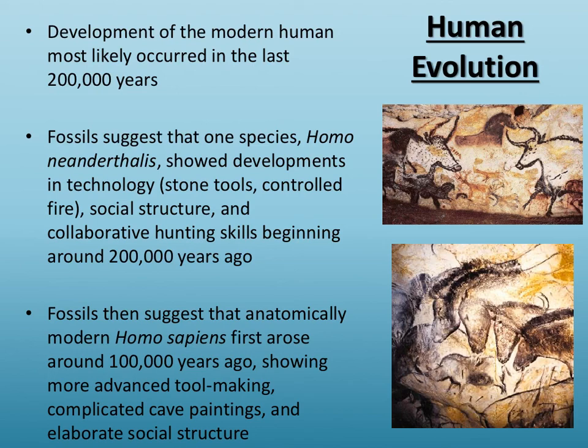And then fossils suggest that the modern Homo sapiens, like us, showed up about 100,000 years ago. And modern Homo sapiens showed large increases in technological advancement. Much fancier tools, complicated cave art like you see in these pictures, elaborate social structures, communication advances, and things like that.